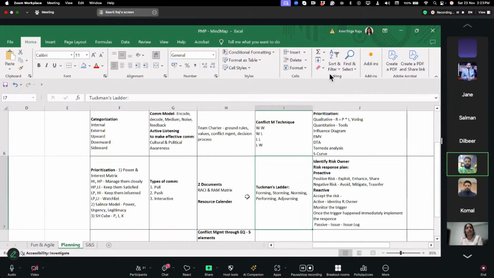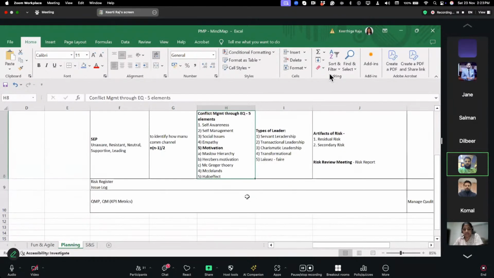This is called norming, and then performing, when the team is in full flow, going towards the success of the project. And then finally adjourning, when everything is done and they have achieved the project. So that would be called the adjourning point in this theory of Tuckman.